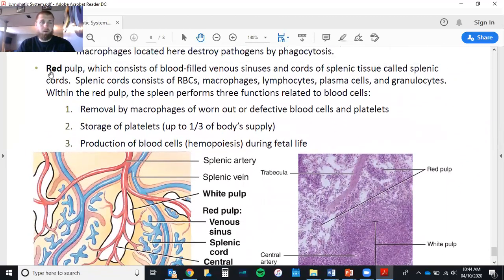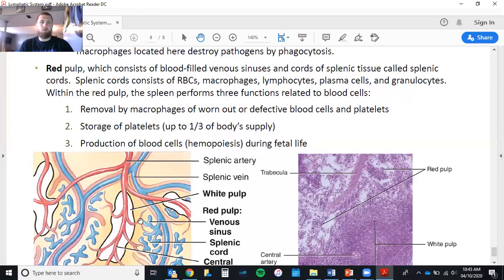We also have within our spleen what we call red pulp. Red pulp consists of blood-filled venous sinuses, almost like engorged blood vessels that allow blood to kind of pool inside. Not typically pooling like staying stagnant, but it almost does stay a little bit stagnant.